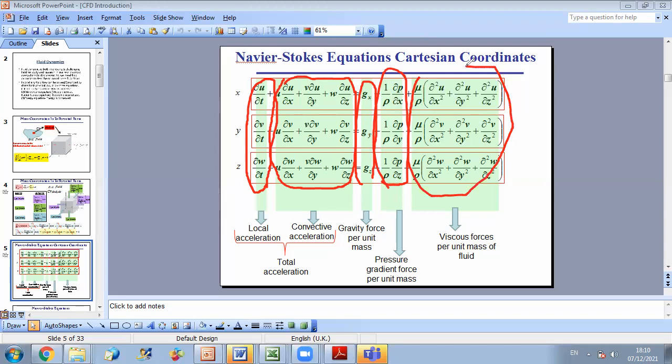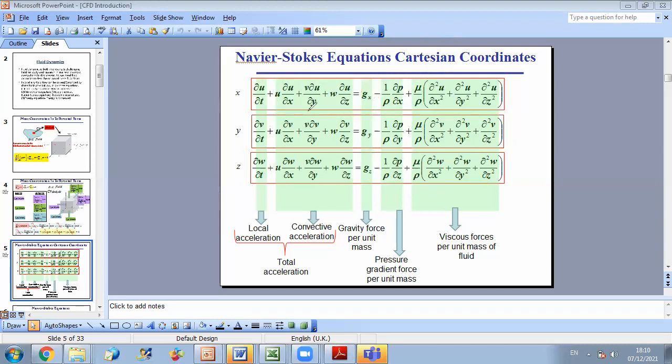Okay, so these are the famous Navier-Stokes relations, and as you can see, they are complex, and it has been a very challenging process to solve them analytically. Researchers have tried a lot to come up with an analytical solution, and there was a big prize for the scientists who could solve it, but no one was able to find an analytical solution.